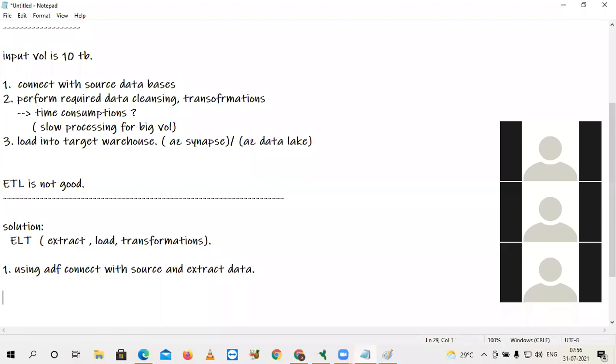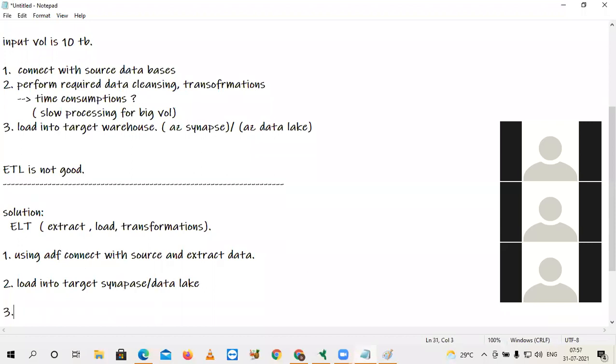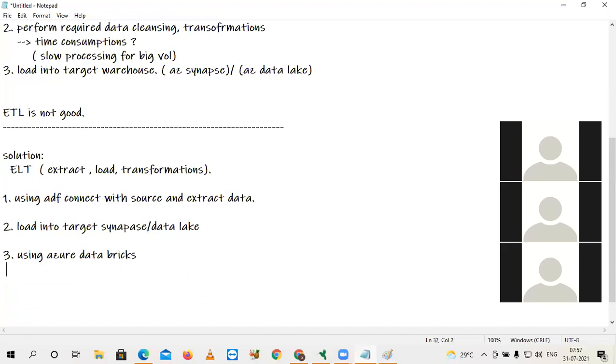This is my first step. Second step, load into the target, maybe Synapse or Azure Data Lake. The third step, using Azure Databricks, perform transformations on the data.